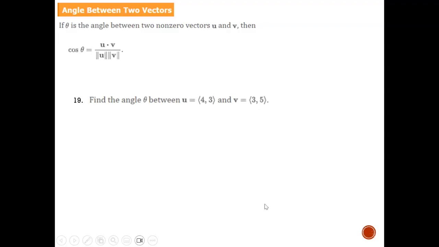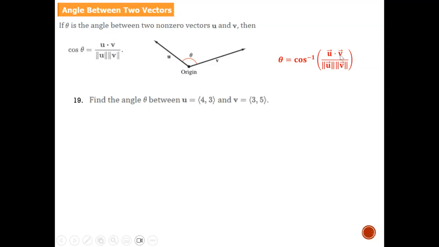Number 19, I want you to find the angle between two non-zero vectors. Okay, now here's the formula right there. This is what we're looking for, the angle between two vectors. This will be in 4 parts.